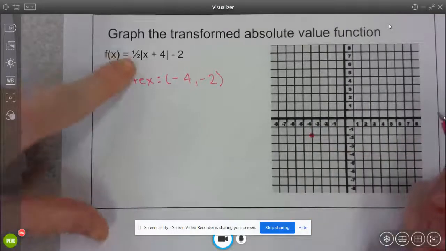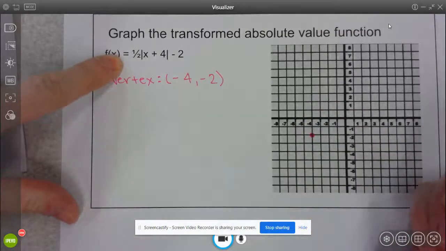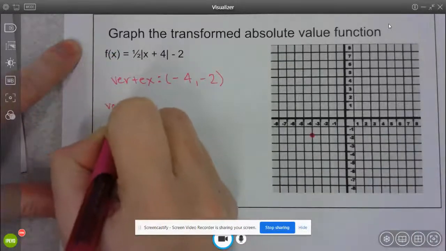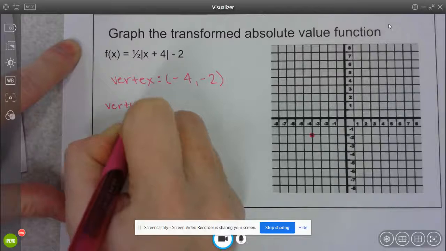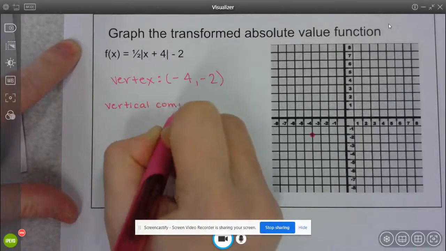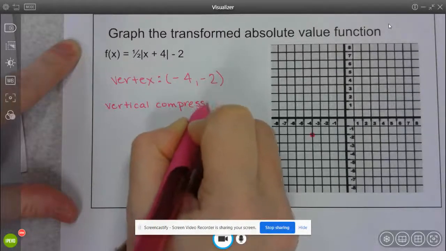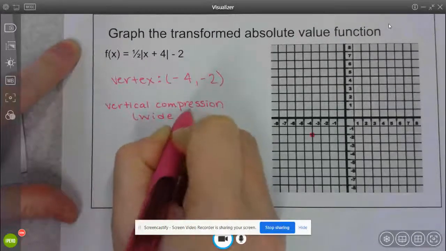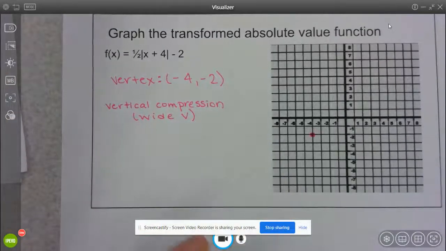I know that there is no reflection, but I know that there is a vertical compression. So it's going to be a wide V. So instead of going up 1 over 1, I have to go up 1 over 2.